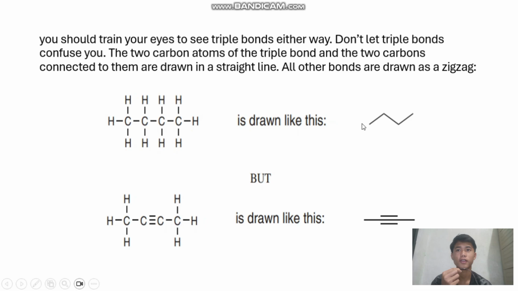Every carbon has 4 bonds, but here one hydrogen is shared with the other carbon. So this carbon only has 3 hydrogens and this carbon only has 2, because the others are shared with the other carbons. But this triple bond is drawn like this. It is just a straight line with a triple bond.